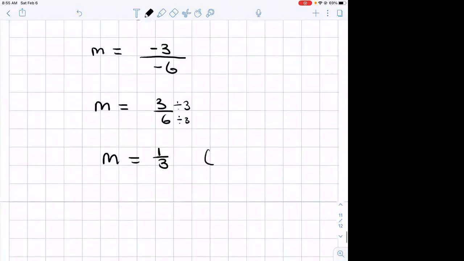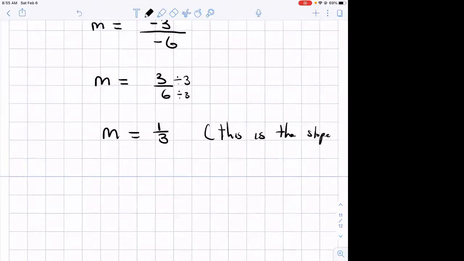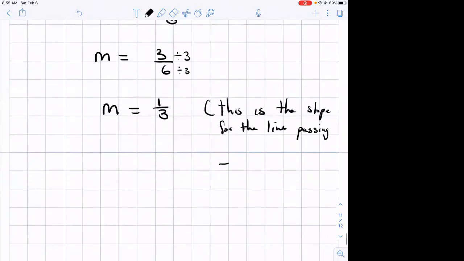So note, this is the slope for the line passing through the given points.